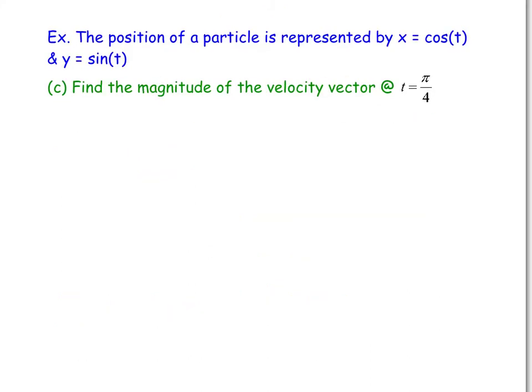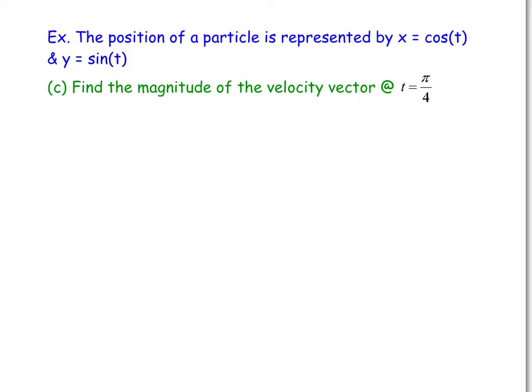Next, in part C, we're going to find the magnitude of the velocity vector at time pi over 4. If you recall, in the prior video, I talked about how we find the magnitude of any vector: take the square root of the sum of the squares of each of the components of your vector.